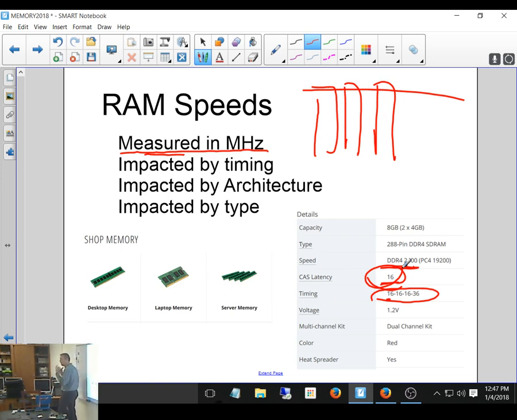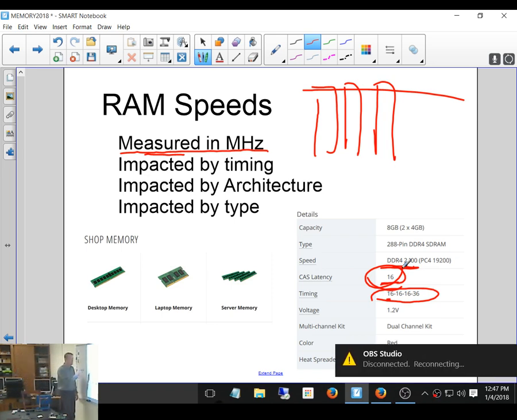Latency is how long it takes to complete a cycle of writing to memory. So if I'm comparing 2 sticks of the same megahertz, the next thing I can look at is the latency, and the one with the lower number writes faster. That's the timing, which says what impacts the speed of my RAM other than just that megahertz.